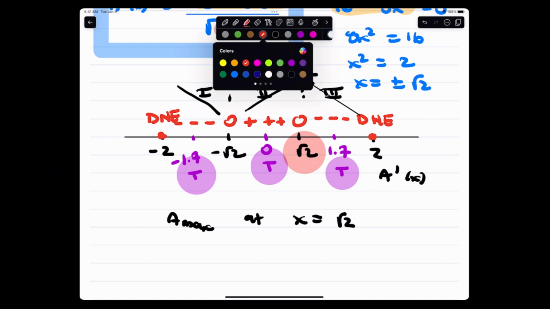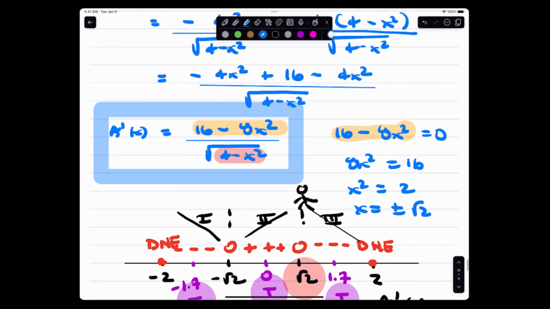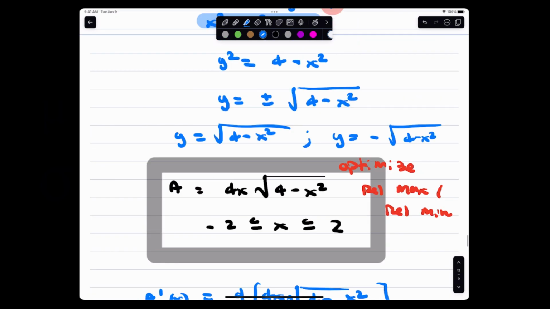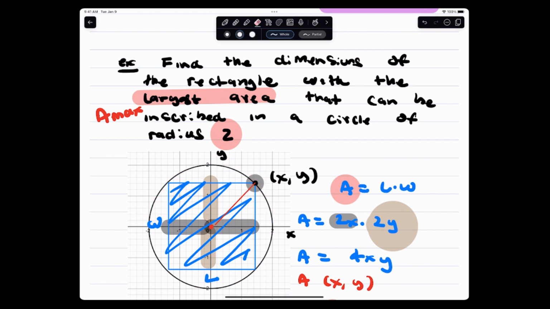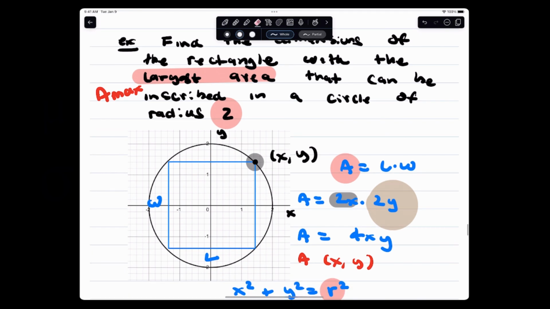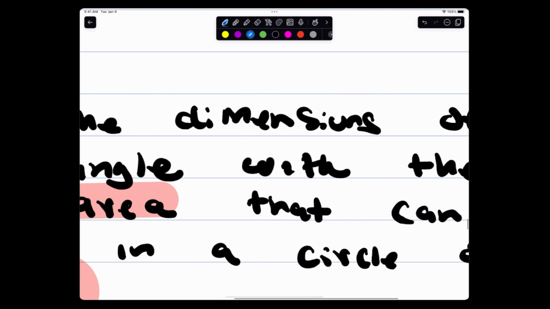However, what's your answer? You guys remember? What's the answer? Go back over here. Find the what? What's the dimensions?